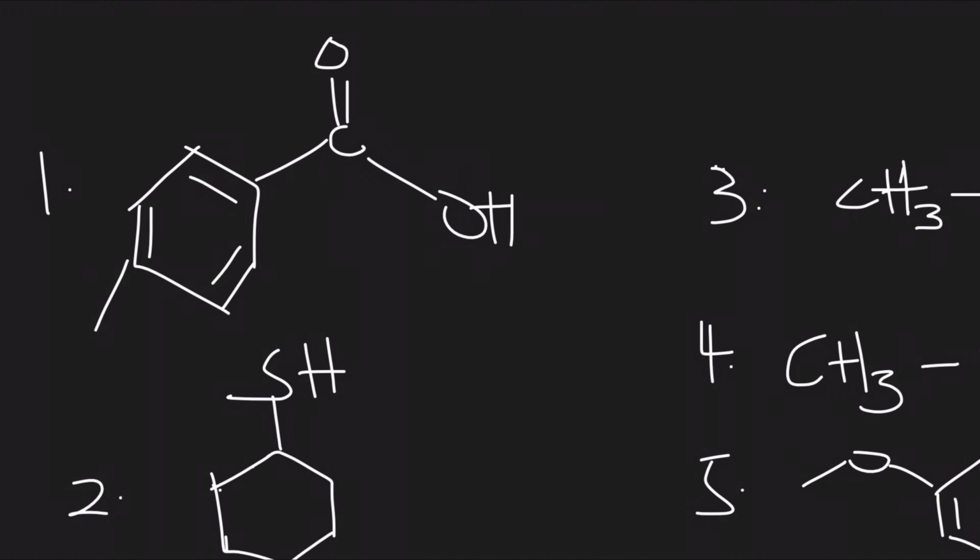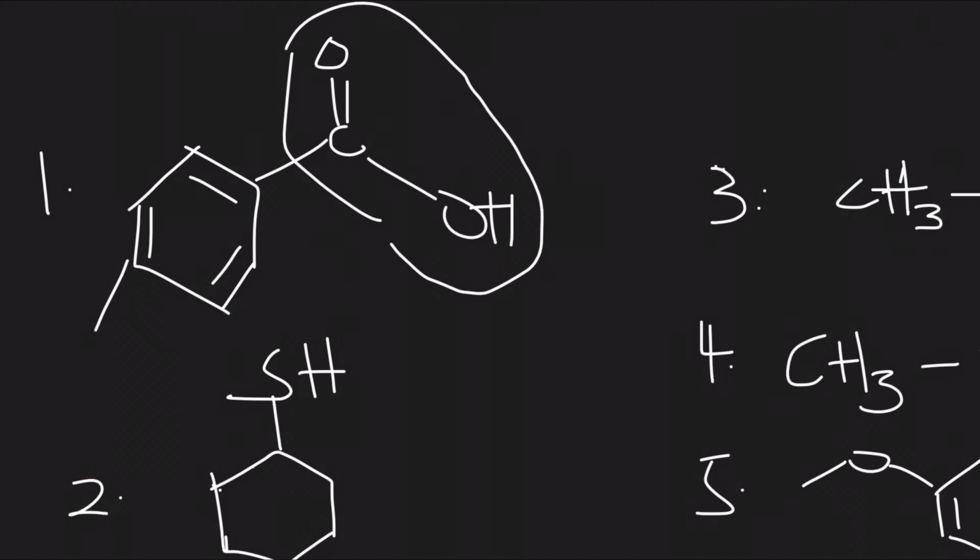Now for our first example, as you can see, we are seeing a carbon double bonded to an O and an OH. What does that remind you of? Okay, it reminds you of a carboxylic acid. So the first functional group we can find here is a carboxylic acid.